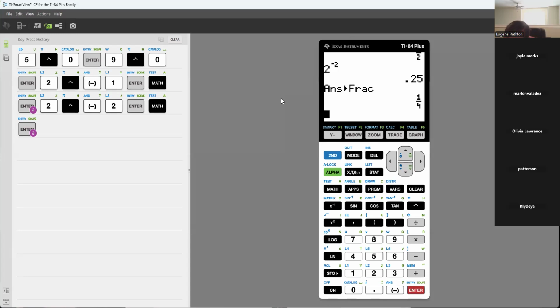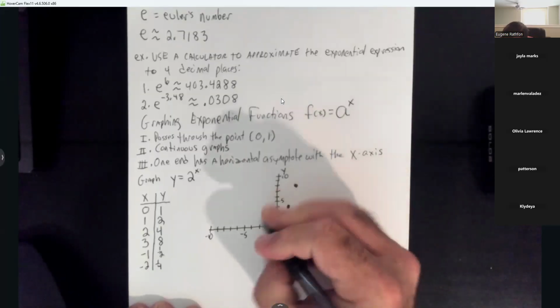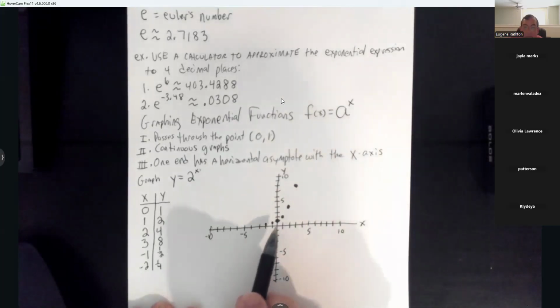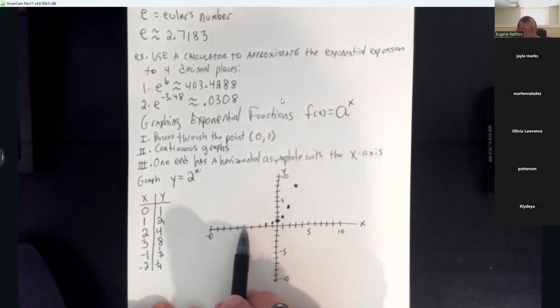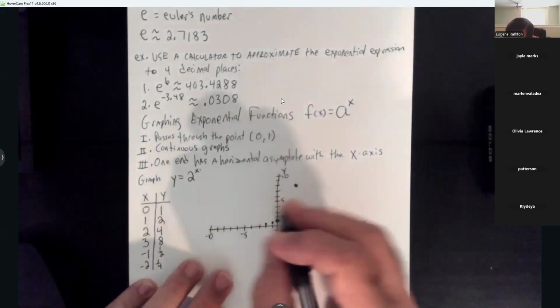So this left side at negative 1 was at 1/2, so that's about halfway in there. At negative 2, it was at 1/4. So see, this side is trying to get closer. Negative 3 would give me a 1/8, a 1/16, a 1/32. This left side is really getting close to your x-axis here.